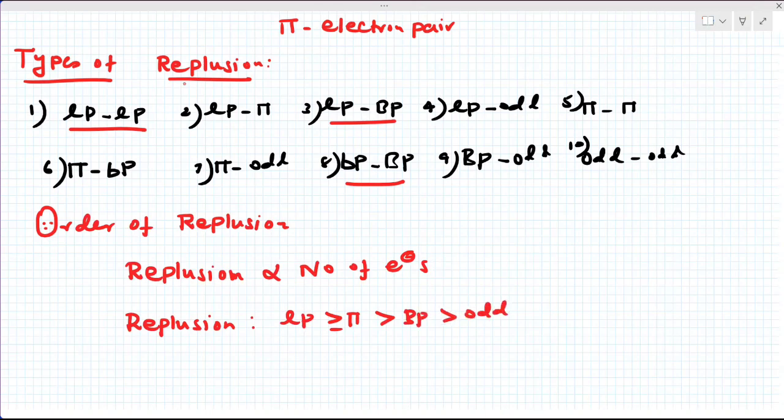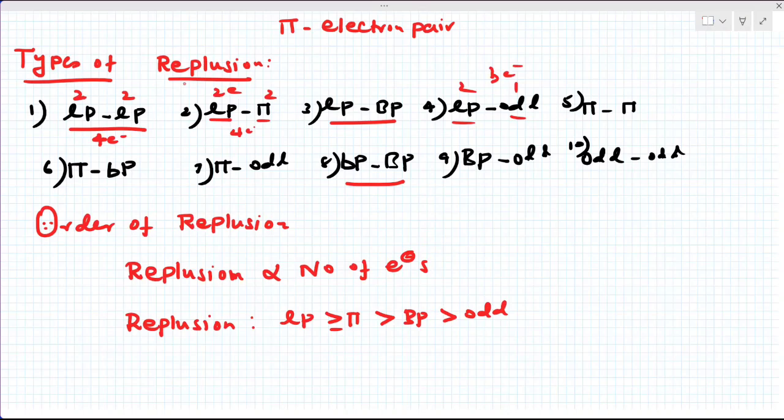For example, lone pair with lone pair is 4 electron repulsion. Lone pair with pi bond, 2 electrons each, is 4 electron repulsion. Lone pair with odd electron is 3 electron repulsion. Among these, the one with 3 electrons has less repulsion compared to the first and second.